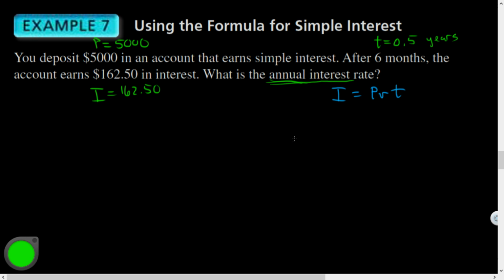All right. So guys, if I want to find the interest rate, I want to find R. Let's rearrange this formula and find a rate formula instead of an interest formula. So R is being multiplied by P and T. How do I undo multiplication?